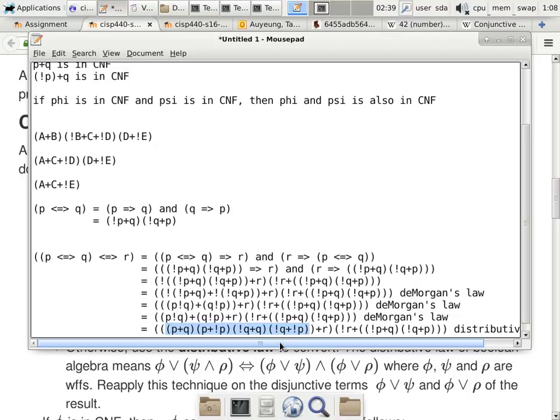But the key is the conjunction on the inside now gets distributed to the outside, and the OR on the outside is now distributed into the inside. We have disjunction on the outside, that gets distributed into the inside, and then the conjunction, which was in the inside, is now on the outside. Are there any questions about this particular step?